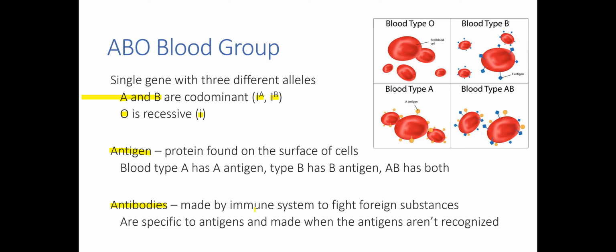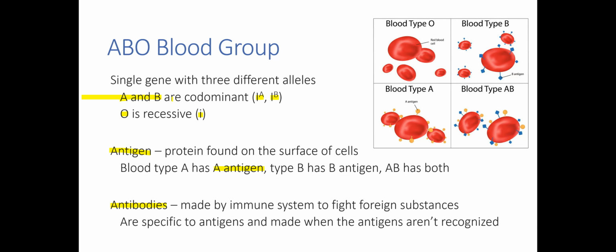So we don't necessarily, in this case, want to produce antibodies. This is why we have to be careful about what kind of blood you receive or what kind of blood you give to a person, because we need to have our antigens and our antibodies straight, okay? So the way it works is if you have the A allele, then you are going to have the A antigen, which means you have this particular protein on your blood.